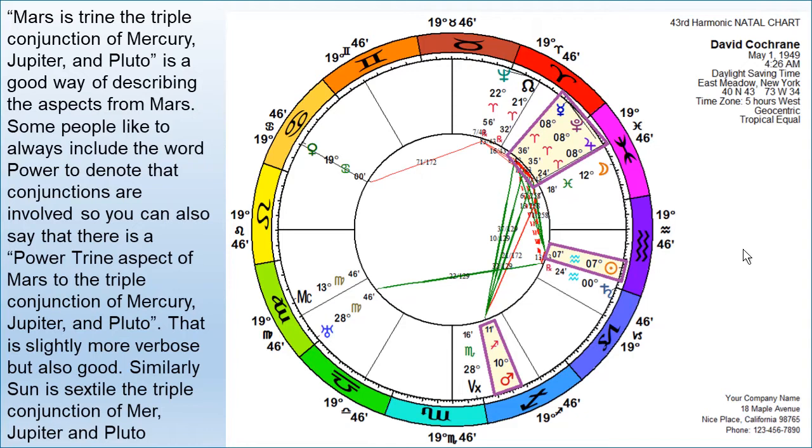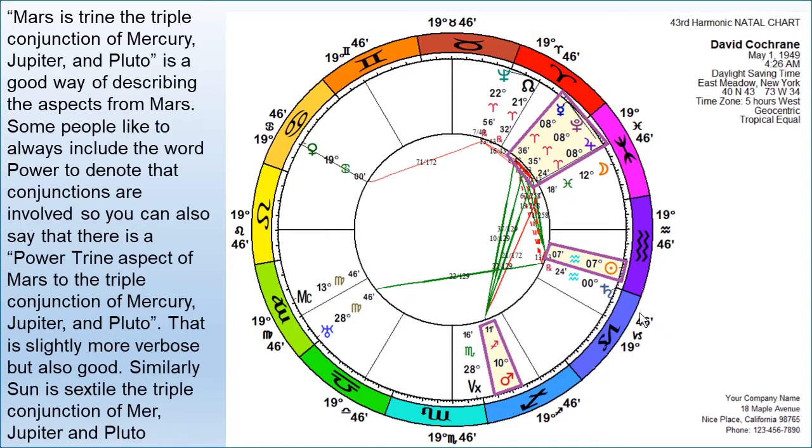So with practice and with some thinking about it, you can come up with very short and clear ways to describe things. After I say it, it's obvious, but you have to think of it. And similarly with the sextile, you could say Sun is sextile the triple conjunction of Mercury, Jupiter, Pluto. You could also give some indication of how strong these things are.